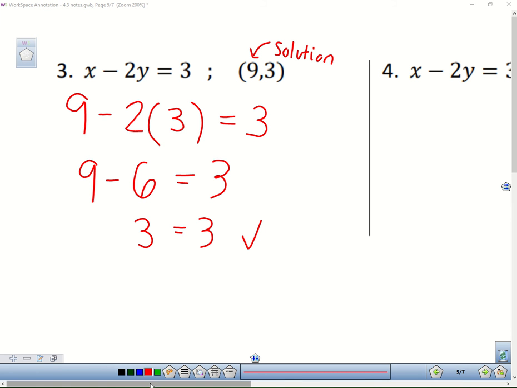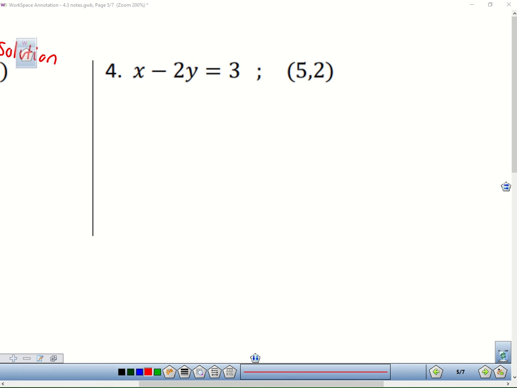Now we're doing the next one. So we're going to be plugging in for x and y. Which one's x? Which one's going in for y? Anybody else know what's going on? You guys good? What's 5 minus 2 times 2? 4.